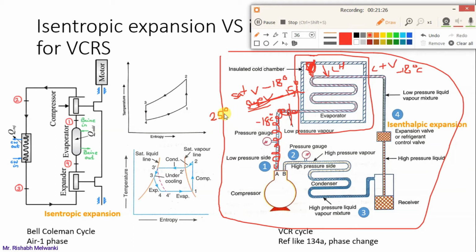So the refrigerant inside will pick up heat from the atmosphere, and because of that, minus 18 may become, for example, minus 10 degrees Celsius. So there is superheating here, and this type of superheating is called useless superheating. Did you understand the difference between useful and useless?